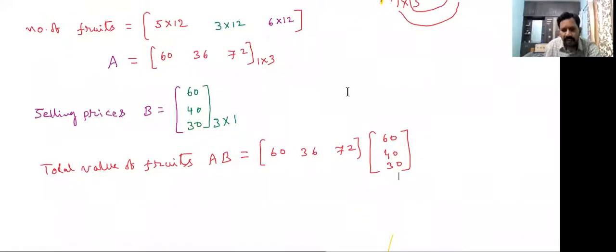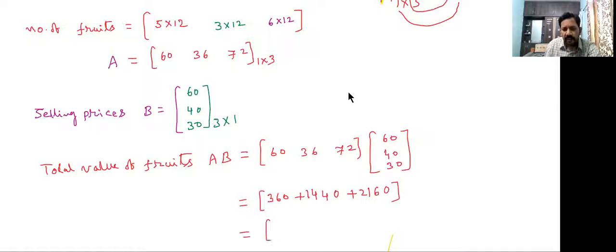Tell me what we get. 60 into 60, 3600, plus 36 into 40, 1440, plus 30 into 72, 2160. So total, calculate this.